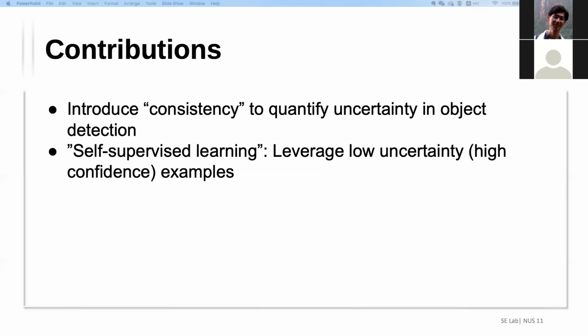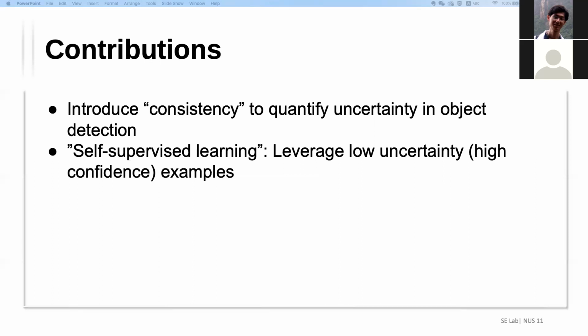So the contributions of this paper: the first is introducing a consistency measure to quantify uncertainty in bounding box prediction. The second contribution is that it is trained in a self-supervised way.